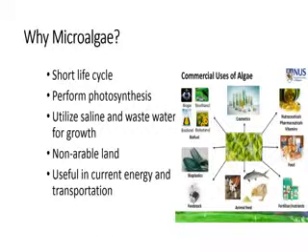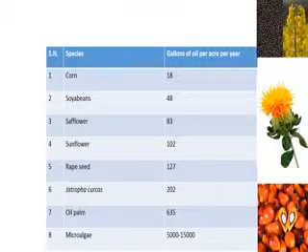Now, why did I choose microalgae? One was the advantage of this, it being beneficial regarding the other products, and the other is the yield of oil from the algae. As you can see in the chart here, from corn to microalgae, the production of microalgal oil is 5,000 to 15,000 gallons of oil per acre per year, while corn is just 18.